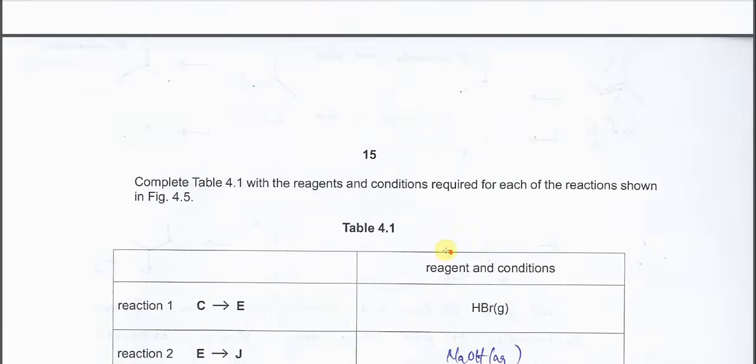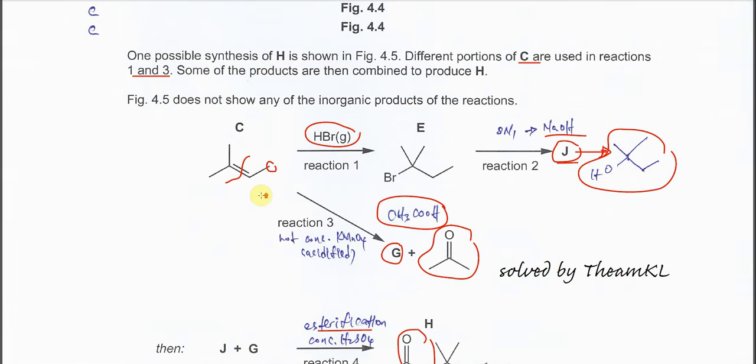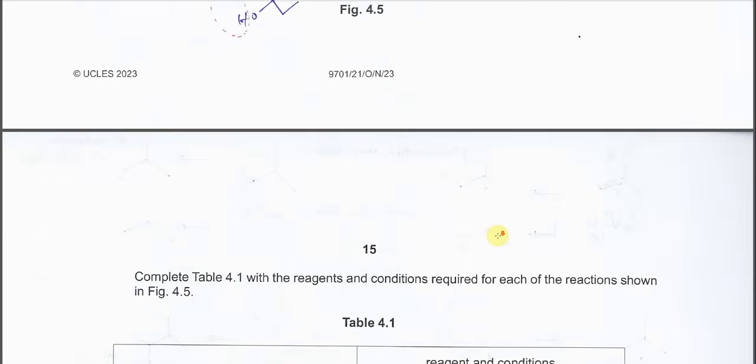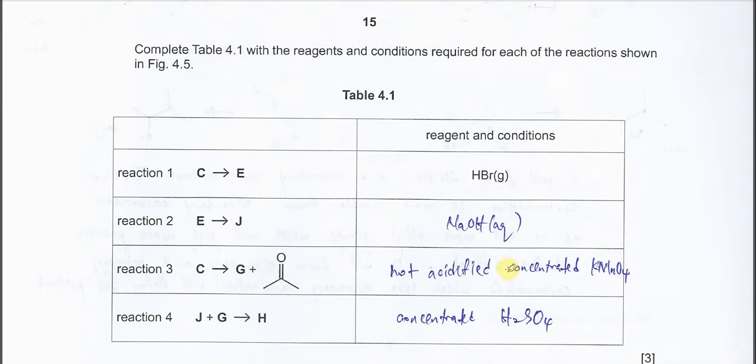And this is the table, and you just need to fill in the blanks. Reaction 2 again is the substitution from E to J, means from this haloalkane to the alcohol. So we need to use sodium hydroxide in water. So you just put sodium hydroxide aqueous. And for reaction 3, we know that it is the oxidation, the C=C double bond breaks.